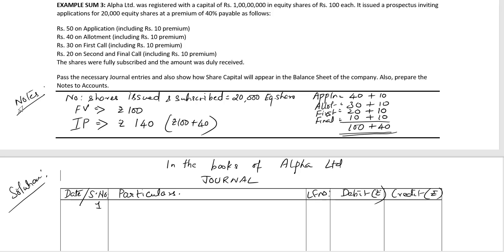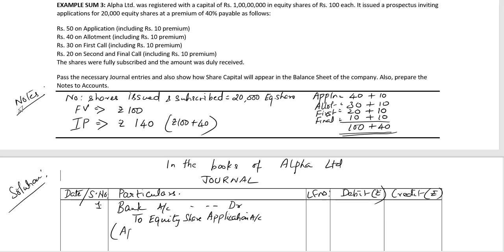Let's begin with the first journal entry. We need to pass entry for receipt of application money of rupees 50 per share. So it's bank account debit to equity share application account.